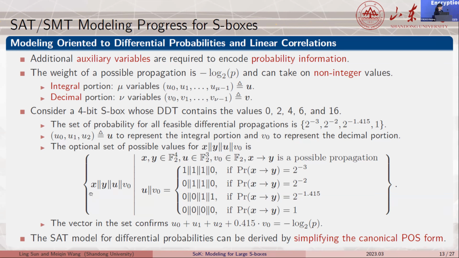Also, this set can be regarded as the support of a Boolean function, and the set model for differential probabilities can be derived by simplifying the canonical POS form. We should note here that these set models cannot be used for large S-boxes, since the creation of the set model includes the simplification of a large-scale function.